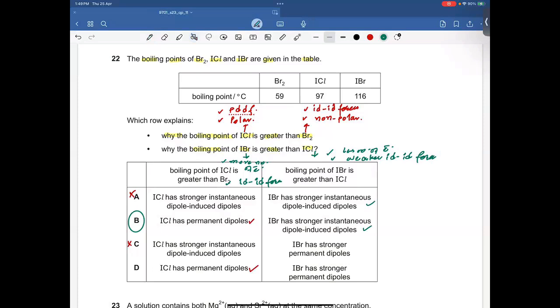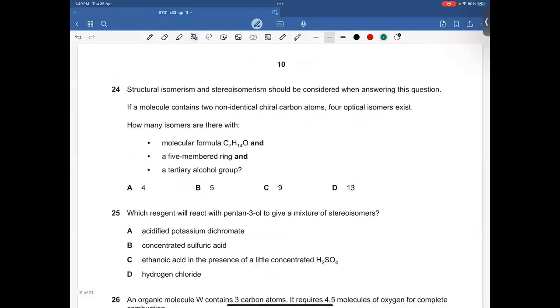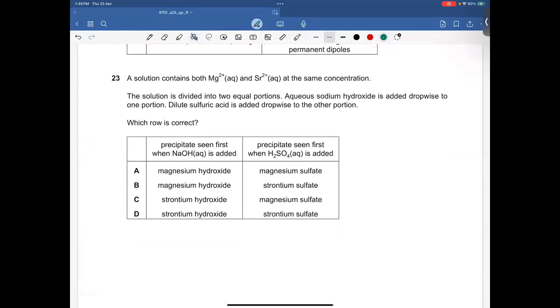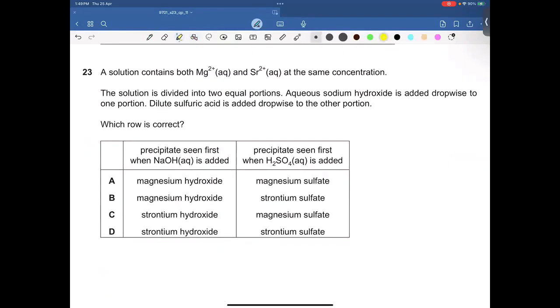Okay. Question number 22 done, and after that, let's talk about question 23. A solution contains both magnesium ion and strontium ion at the same concentration. Both these ions belong to group 2 of the periodic table because they have the same charges.